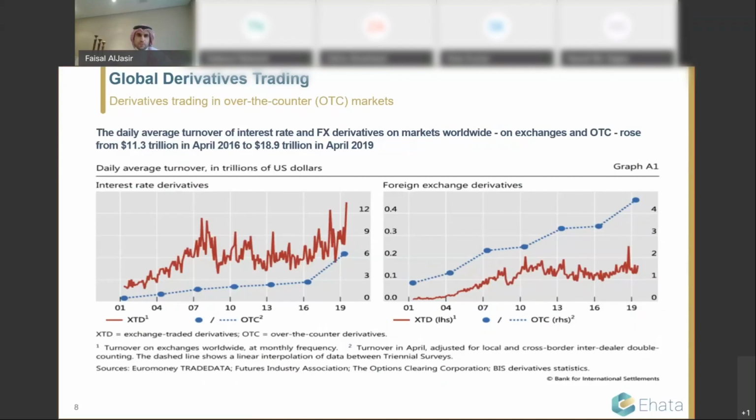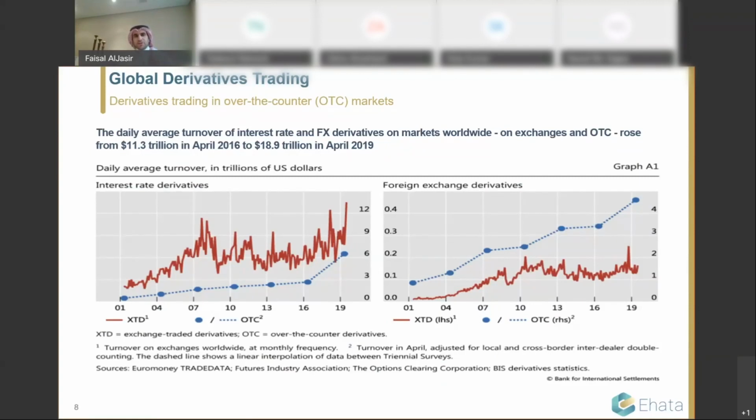Okay, so this slide gives us a glimpse of both the OTC market and the exchange traded market.